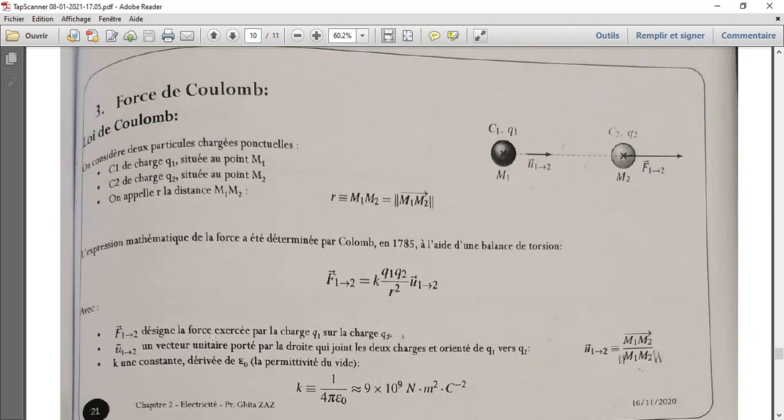Exerted means something which exists, something which causes an action.